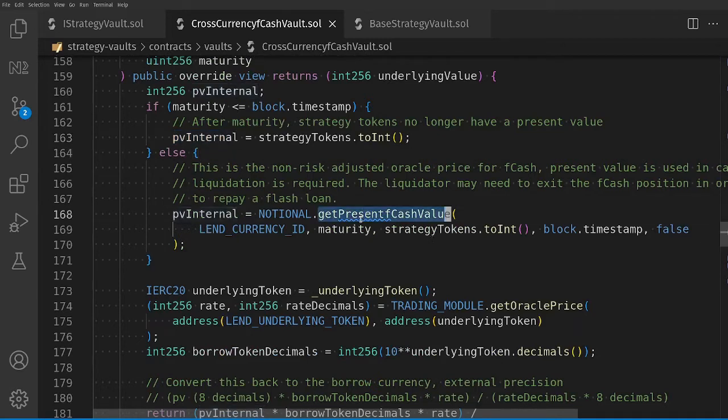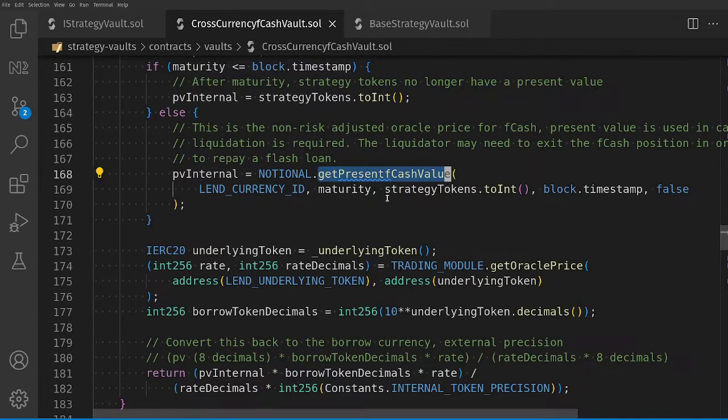Prior to maturity, we use this get present fCash value, which is available on notional to get the present value of fCash. So this present value function uses notional's internal interest rate oracle to get that price or to get that valuation. So this is flash loan resistant.